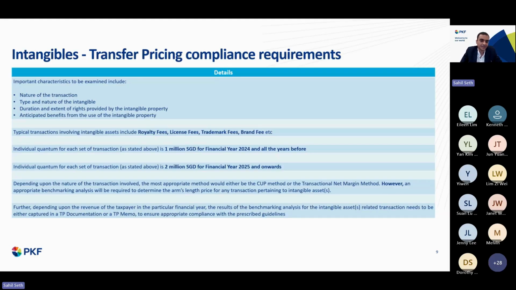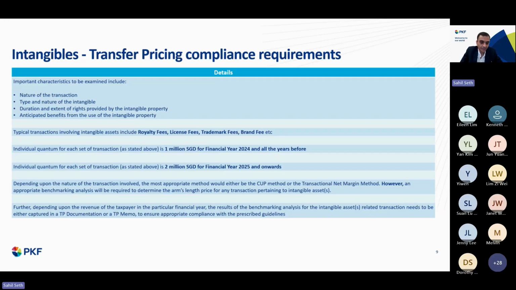But in the majority of cases, either of these two methods are being used. Again, it's majority bending towards the comparable uncontrolled price, but in certain cases it can also be the usage of transactional net margin. But again, the main point to emphasize here is that a proper benchmarking analysis is required in case of specific transactions involving intangible assets.